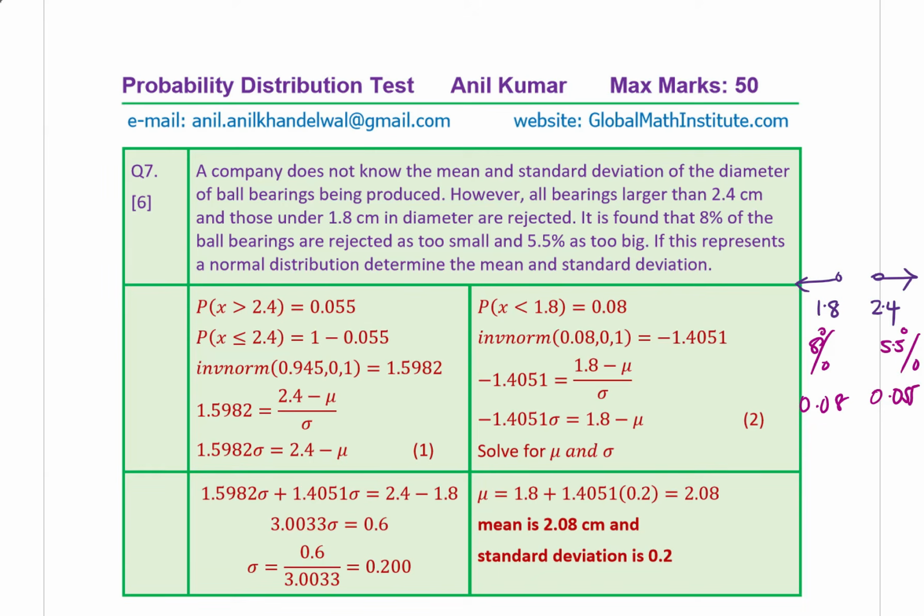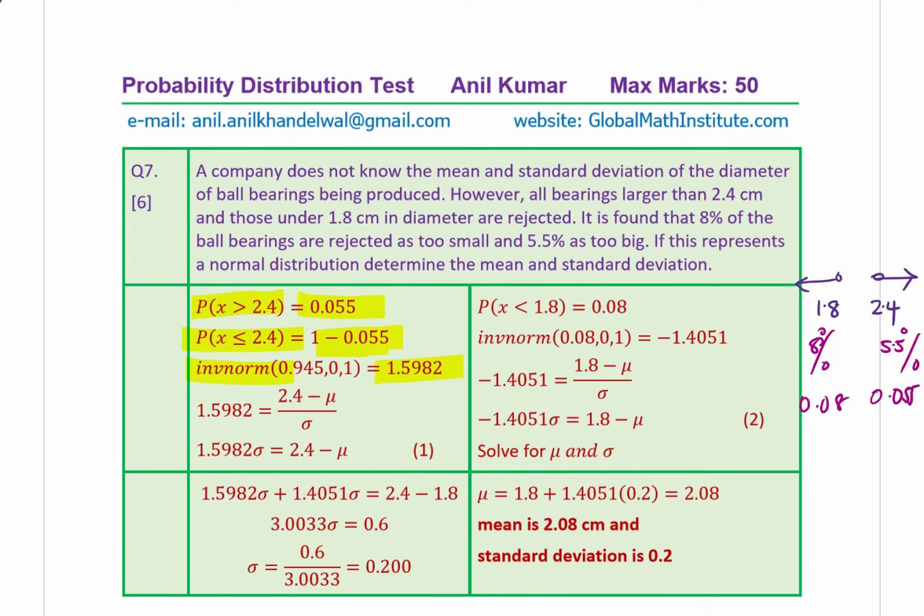Okay, so we know that in this case the probability for greater than 2.4 is given to us. So 1 minus this value will give us the probability of less than or equal to 2.4. Now we can use the inverse normal function and find the value for this.